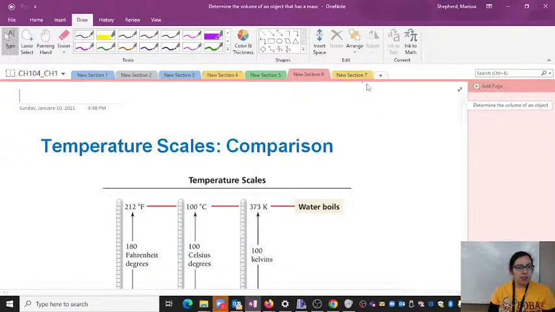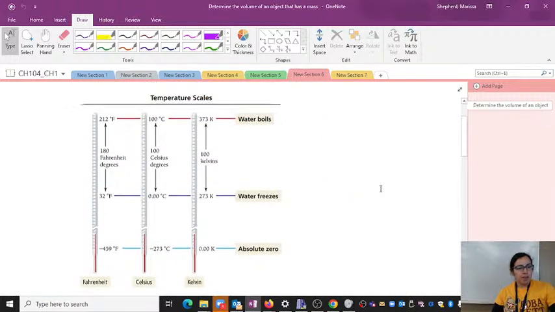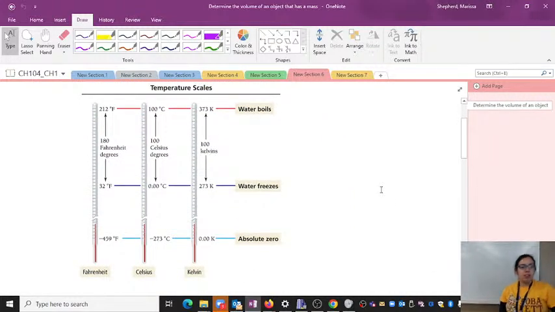Now let's look at our temperature conversion. We have 3 main temperature scales, and I think somebody said it last time, but what is the Kelvin scale based off of?